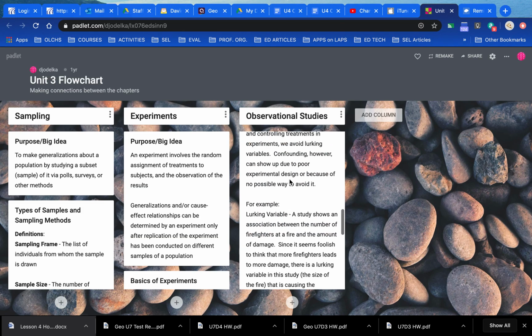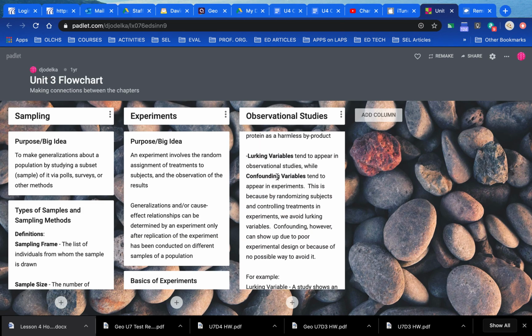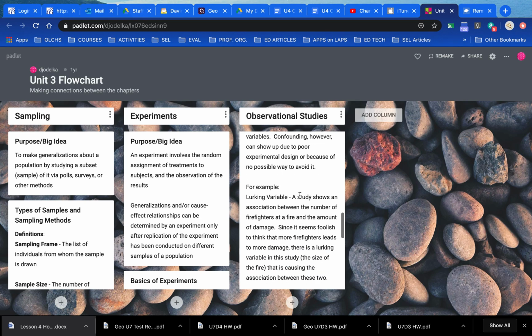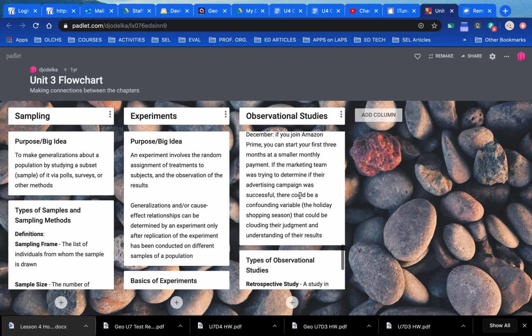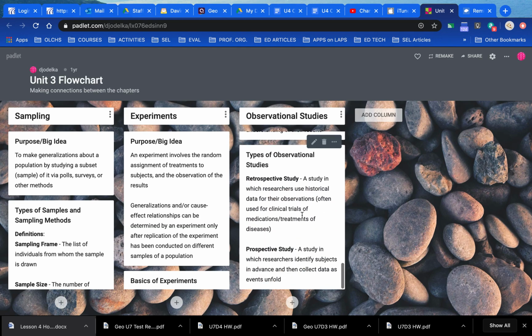So again, regarding the idea that confounding tends to appear in experiments, if this were an AP question, I would feel you'd be asked that, because lurking requires a lot of background knowledge that you might not be aware of. Whereas confounding variables would be present in the explanation of the experiment, and therefore you might be able to logically guess what a confounding variable would be.